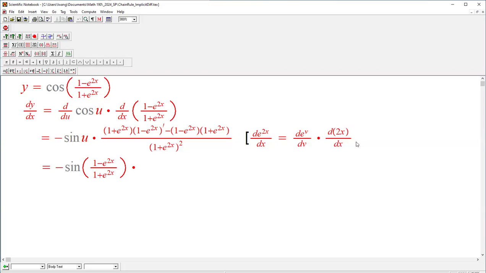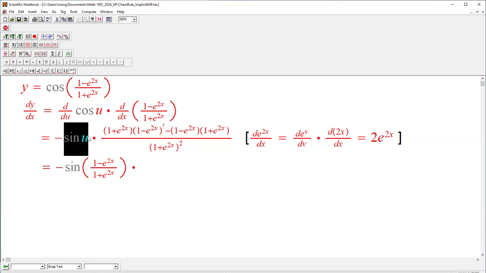So the result is that part equals 2, and this part, e to the power v differentiated with respect to v, is e to the power of v. But v is 2x. So I put a note right there because we're going to need it for the next step.